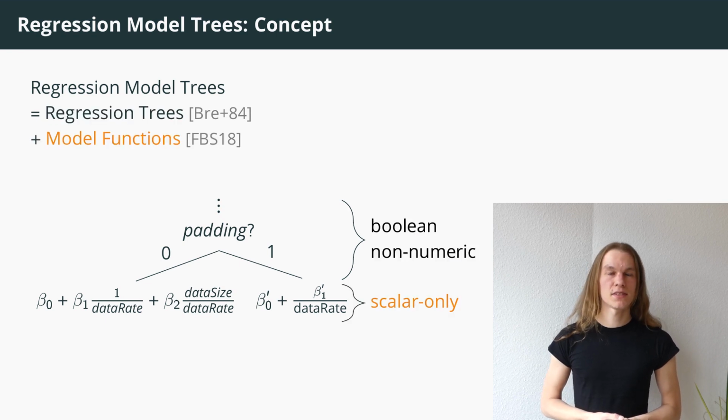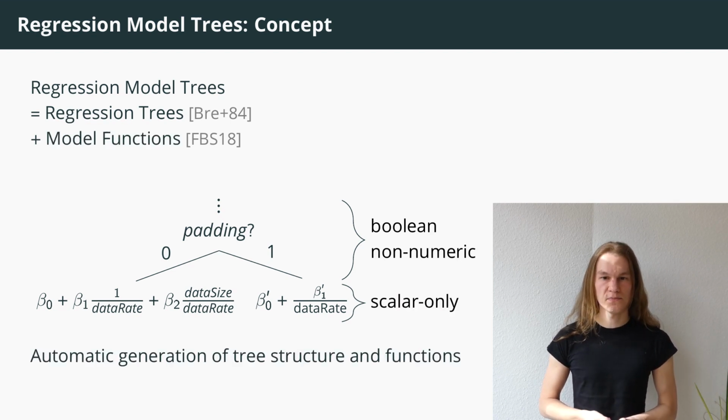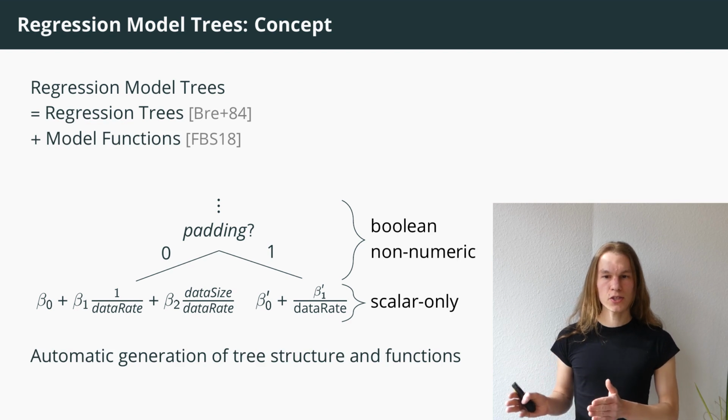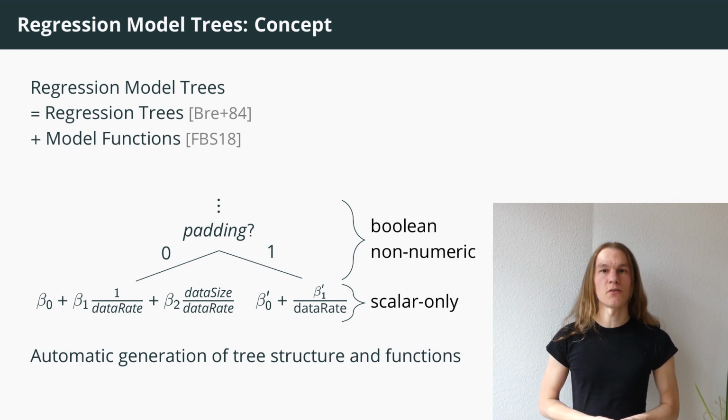Then we use an extended version of prior work of ours to automatically generate model functions that describe how scalar configuration variables affect the device in the individual leaf nodes of the tree. Both tree structure and functions are generated automatically.